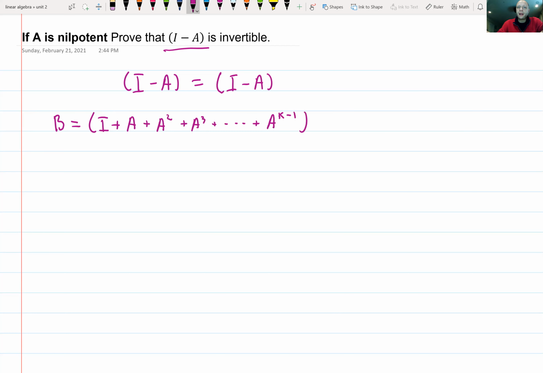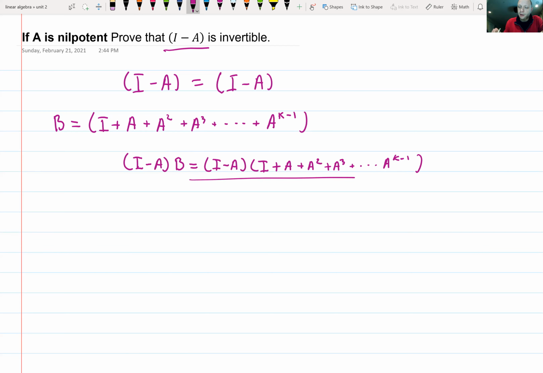And I'm going to multiply that on both sides of this equality. So on the right, actually, I minus A times B equals I minus A times I plus A squared plus A cubed plus dot dot dot A to the K minus 1.